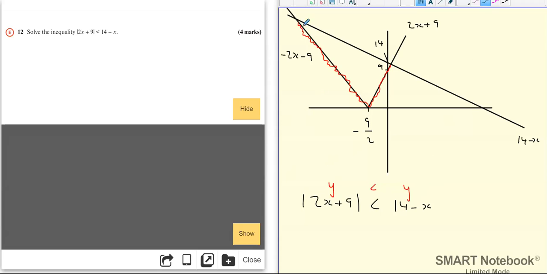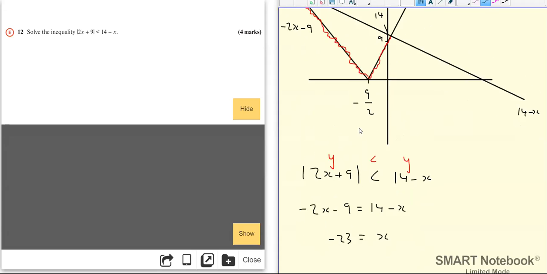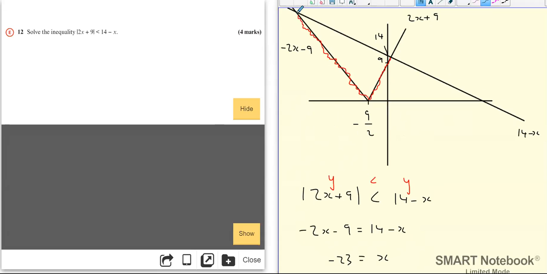And so I need to work out the two solutions first. So we're looking at minus 2x minus 9 equals 14 minus x. Hopefully I won't mess this up. Got x equals minus 23. So what that tells me is that this x coordinate here is minus 23.